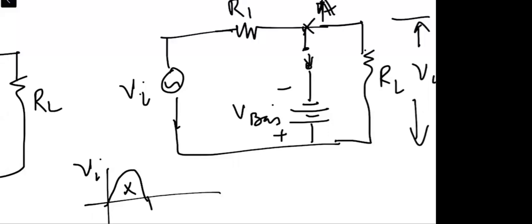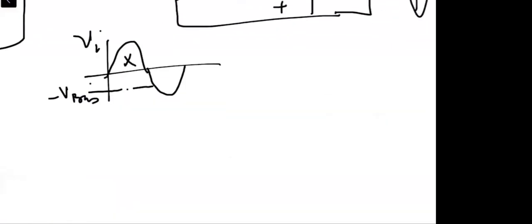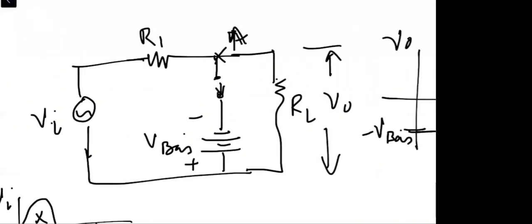When the negative cycle comes, and we say this is minus V bias, now this side is negative, this side is positive. So this means the potential at point A will now be negative.